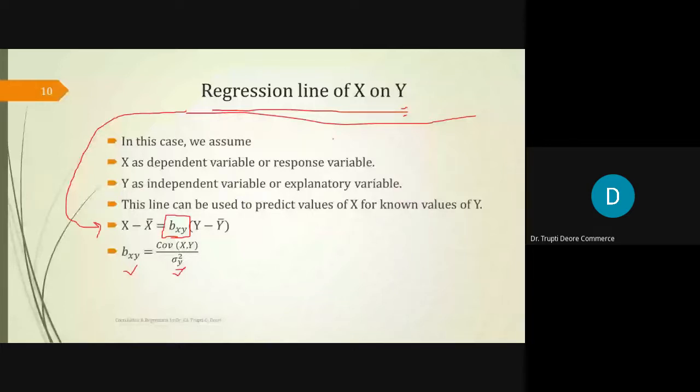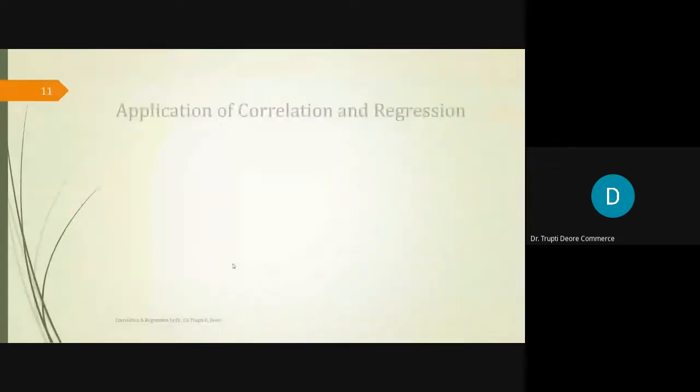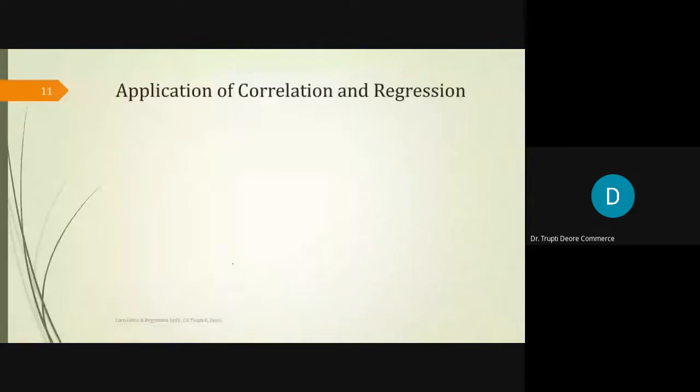Now, correlation and regression: if you're calculating such lines, what is the practical application of these formulas, or where are they used in practical life? Regression lines or correlation and regression are used in the field of agriculture also.